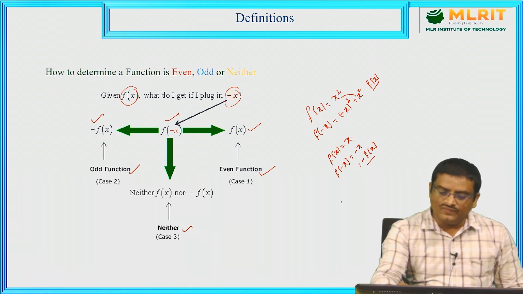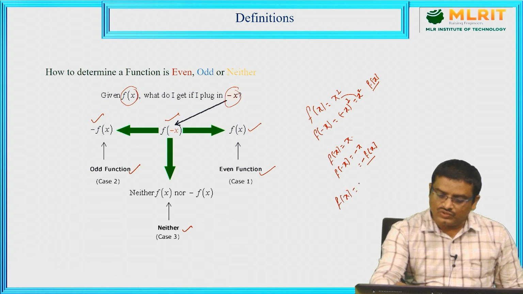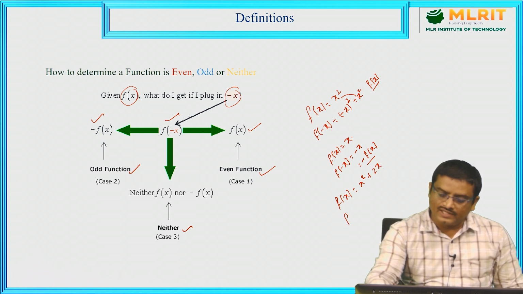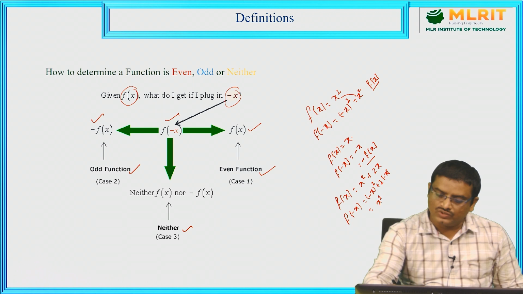For example, if you take f of x is equal to x squared plus 2x, now replace x with minus x here. You will get minus x whole square plus 2 into minus x, so this value is equal to x square minus 2x.